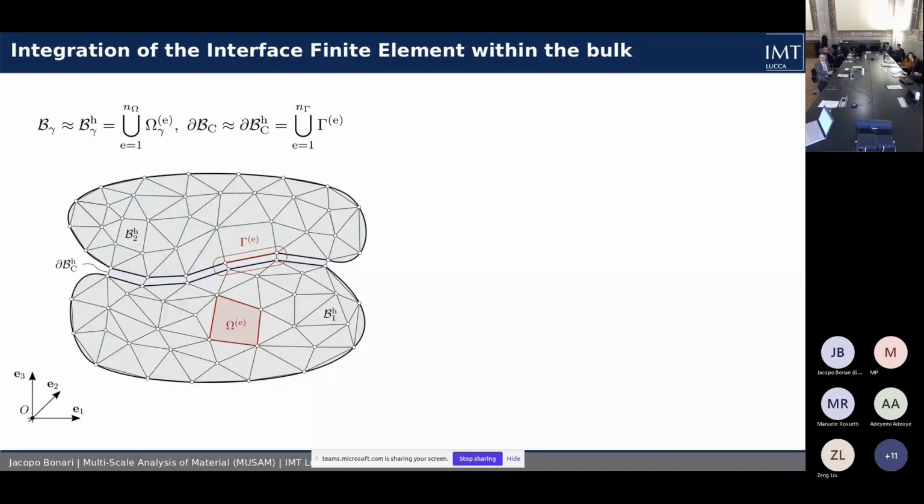We are then able to plug our configuration, our formulation, inside the framework proper of the finite element method, which foresees the discretization of the whole of the two bodies, as we have seen in the beginning.